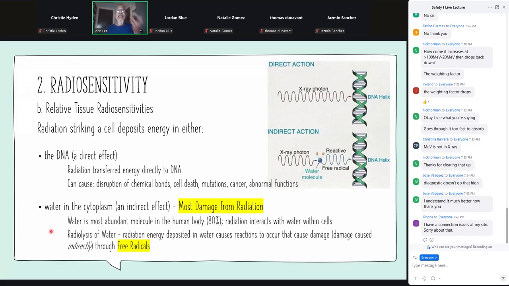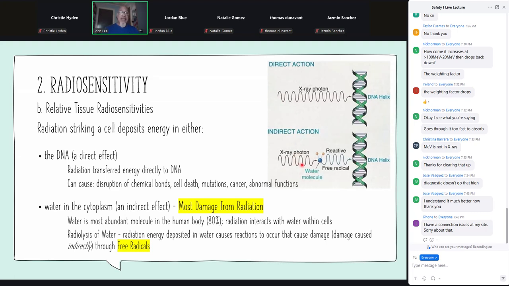An indirect effect, which is what most of our damage incurred during our exposures is from, is exposure to the X-ray photon and the water within the cell, within the cytoplasm. 80% of the cell is water.